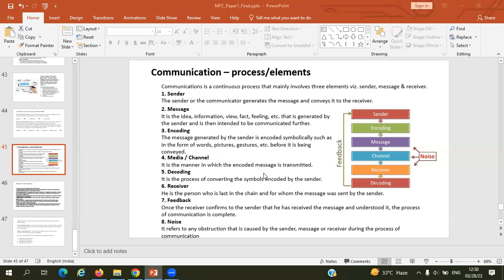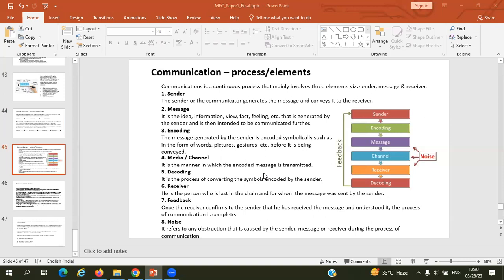So that type of noise is also one element, one process in communication. There are different stages: sender, receiver. The key components are sender, receiver, and message, and they are there in any communication.